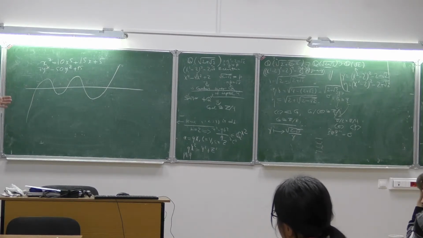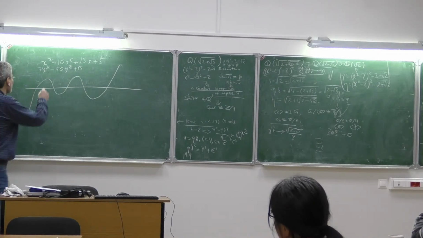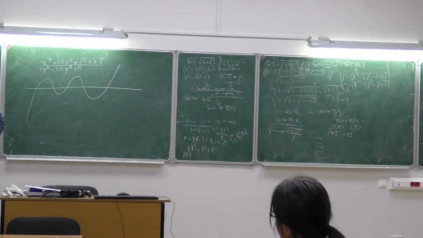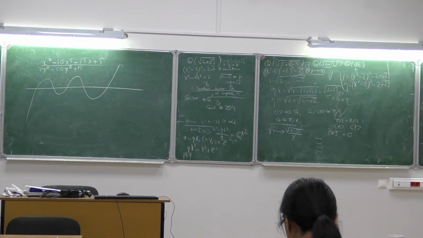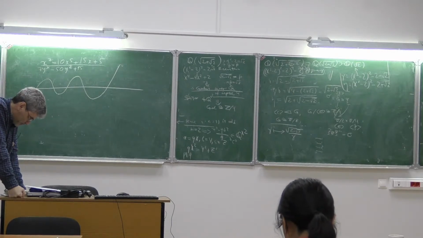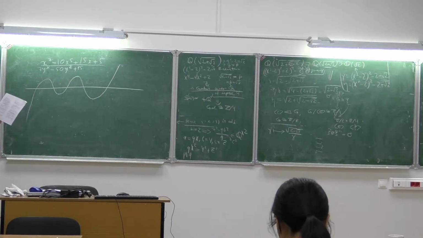Maybe we should believe this Wolfram that there are five real roots of this polynomial, and therefore the conclusion is that the Galois group is the full symmetric group. Yeah, so it's not solvable. So the Galois group is S7.